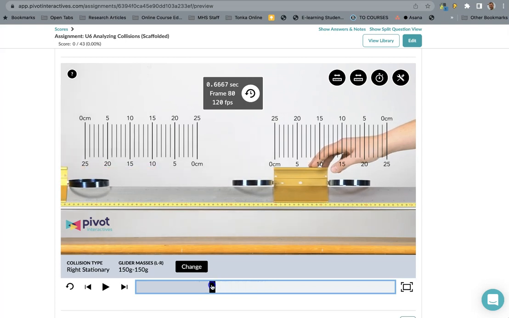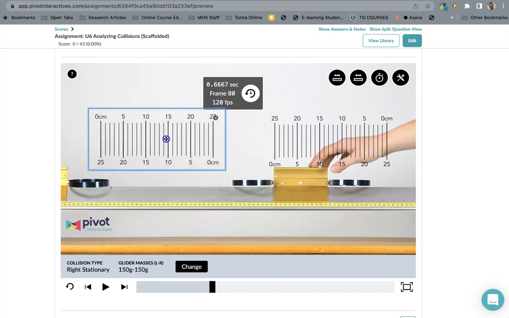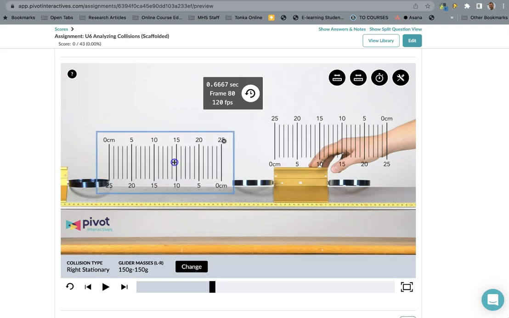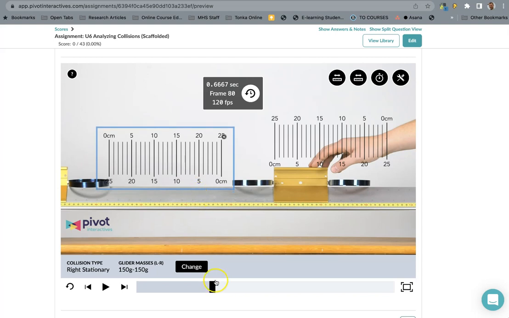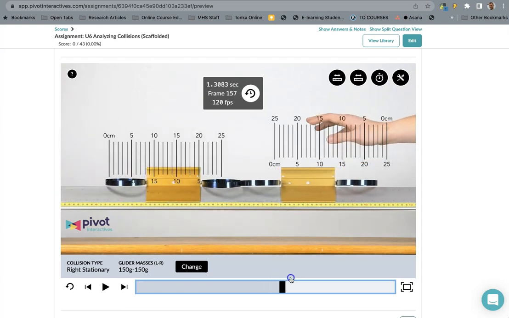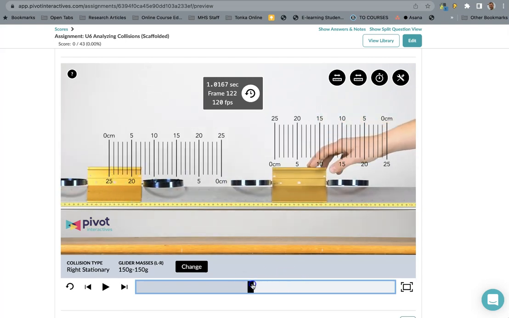So I might start here, and maybe this would be my 0 mark, so this part of the glider is lined up with 0. Then I'm going to play it forward until it's right before it hits. I don't want it to bump, because then it's slowing down. There's an acceleration at the end, so I want it to maintain a constant velocity.